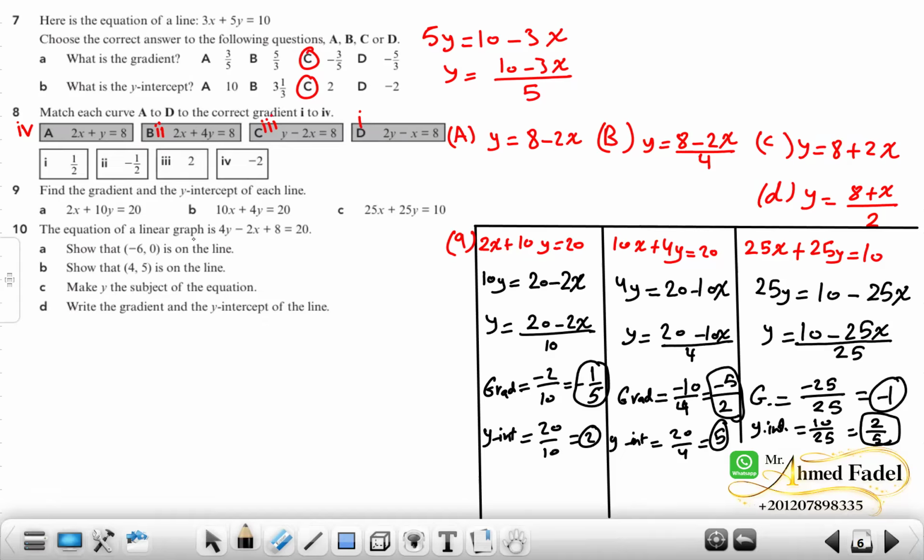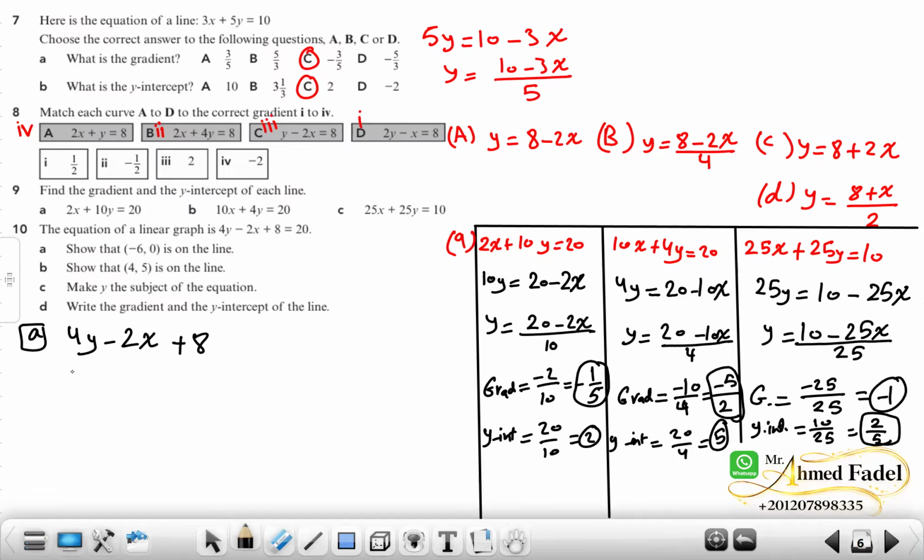The equation of a linear graph is 4y minus 2x plus 8 equals 20. Show that negative 6, 0 is on the line. That's question A. I would write 4y minus 2x plus 8. I will substitute x with negative 6 and y with 0, and I will see if the answer will be 20 or not.